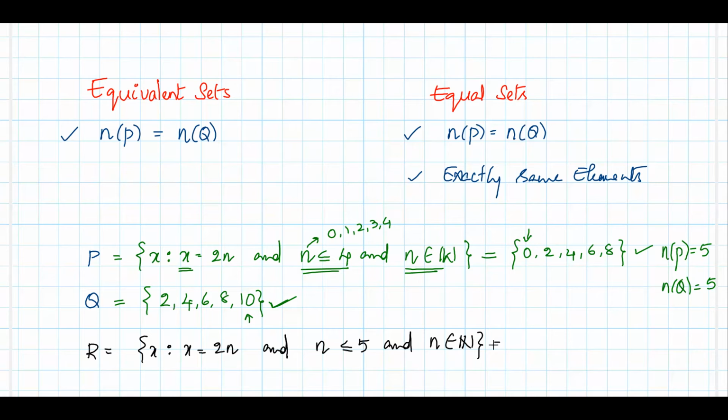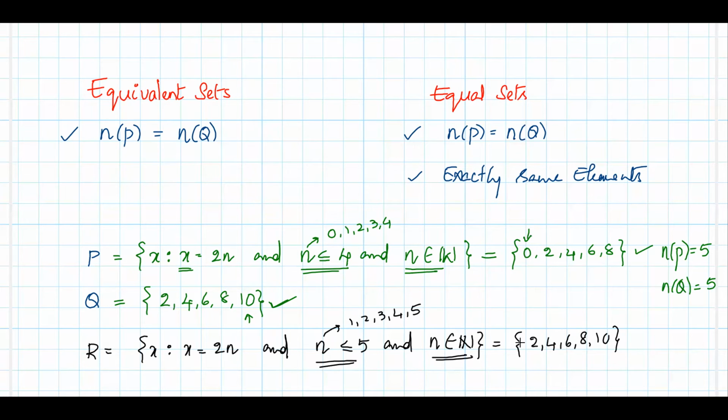So what are the elements in this set now? n is less than or equal to 5 and belongs to natural numbers. So n values are 1, 2, 3, 4, 5. Now plug in these values in this equation and you get the values of x, right? So what are the values of x here? 2, 4, 6, 8, 10.